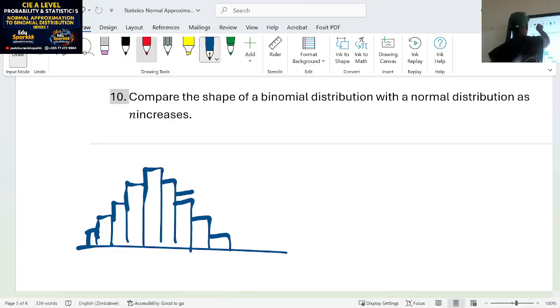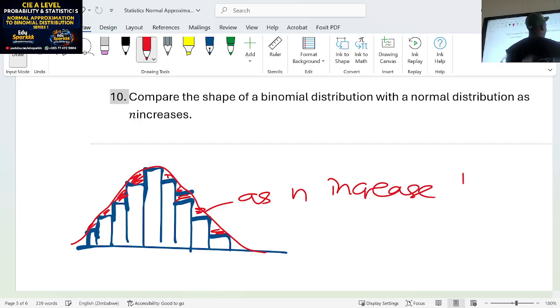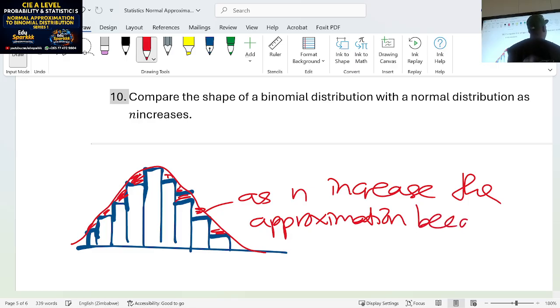So the comparison tells us that for large n, this area reduces, so the distribution becomes accurate. As n increases, the approximation becomes accurate. I think that's our reasoning.